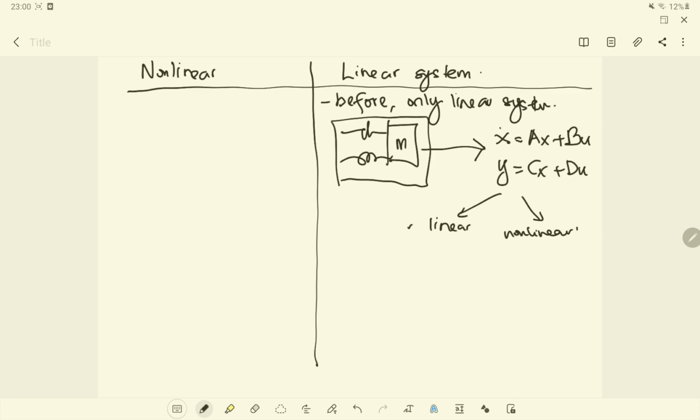So for example, let's say we have one equation. You do the modeling process, and then you get the equations that represent the system. x1 dot equal to x2. x2 dot equal to negative 2 x1 minus 3 x2 plus u.